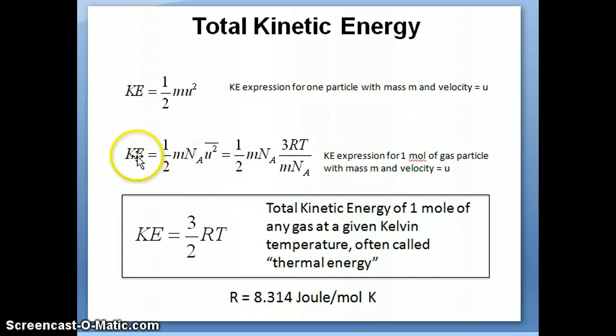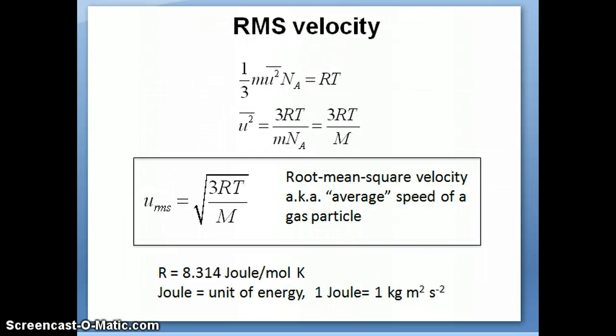Okay, so then kinetic energy for 1 mole of particles would be just half mu squared times Na, where Na is Avogadro's number and u squared is the RMS velocity squared. Now we just derived an expression for the RMS velocity in the previous slide, and before we take the square root, u squared just looks like that, right? 3RT over m, or 3RT over m times Na, okay, the small m.